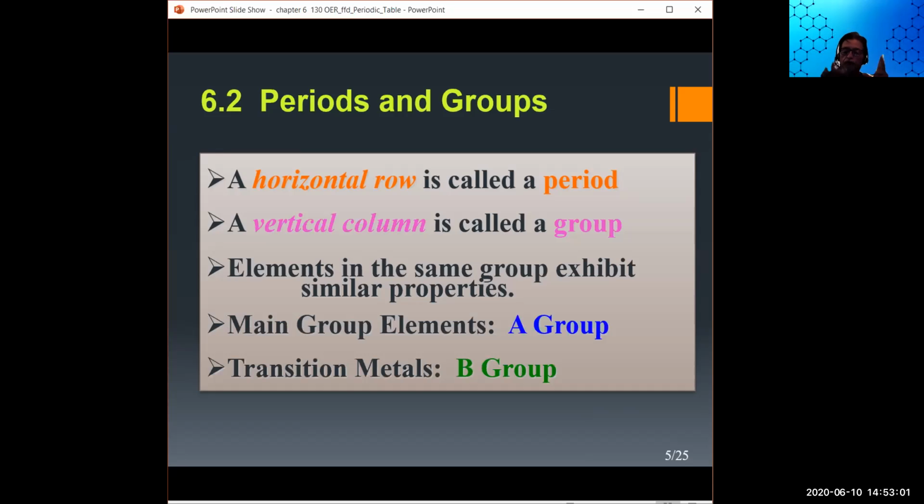Now we have two groups. We have the Roman numeral A group, those are the main group elements. And the ones inside the D block are called the B groups. Their alternative name is transition metals. So we got the A's, which are the main group elements, and the B's, which are known as transition metals.